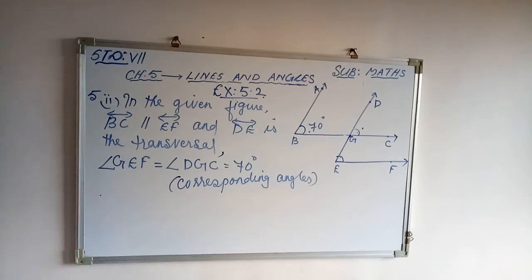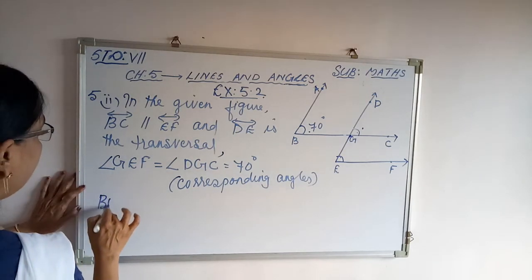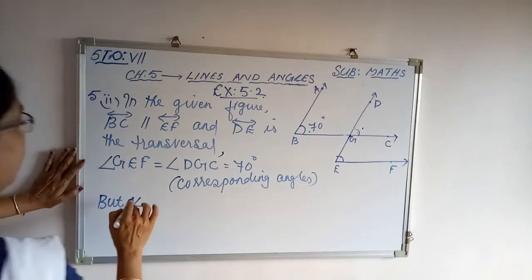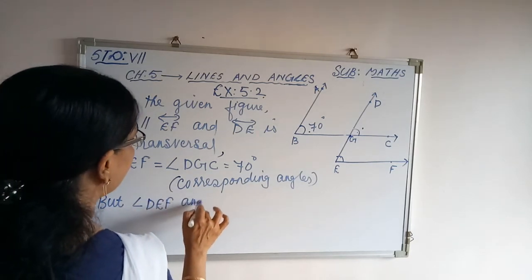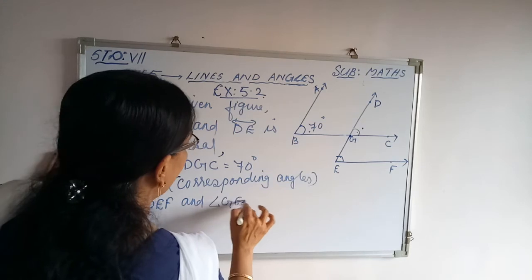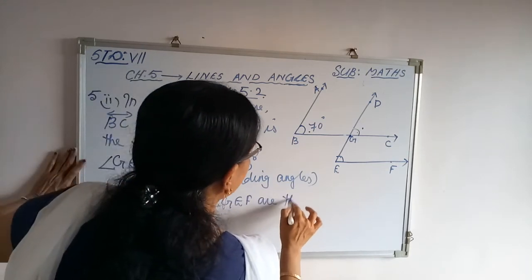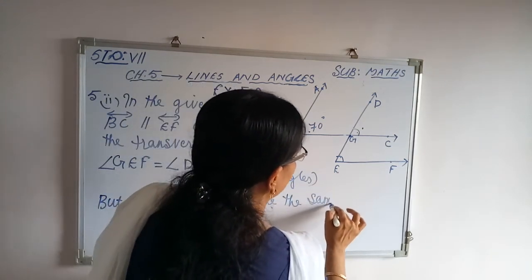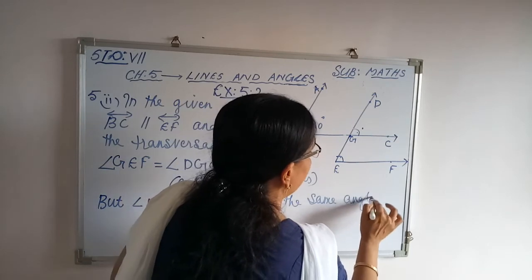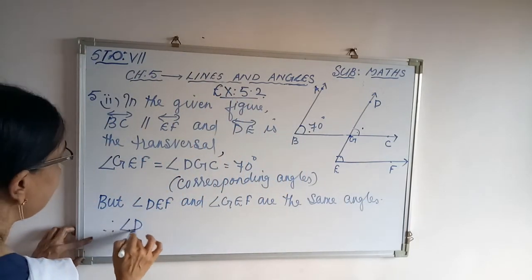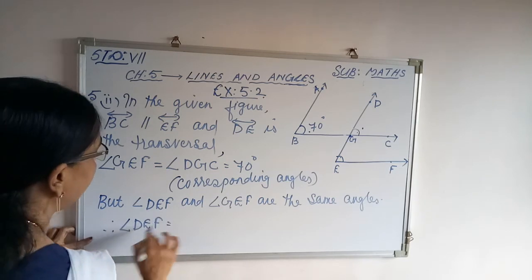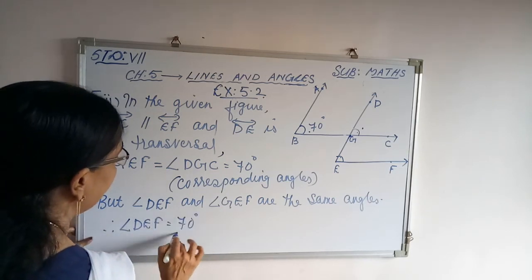So we can write, angle DEF and angle GEF are the same angles. Therefore, angle DEF is equal to 70 degree.